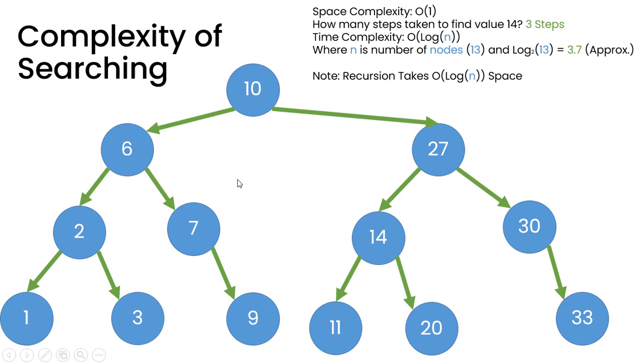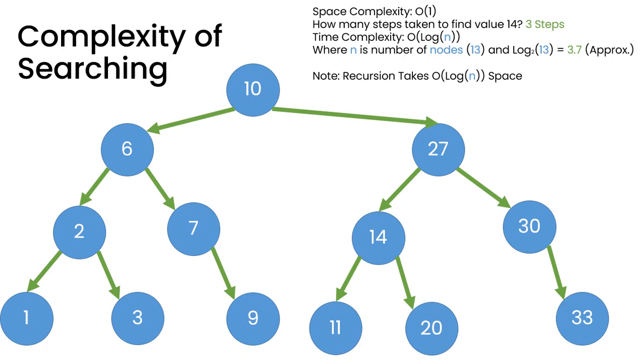This tree has 13 elements, and log of 13 is about 3.7. So approximately, we have a time complexity of log n. And if we take the highest possible number of leaves, it will be approximately 3 as well. So basically it's log n.